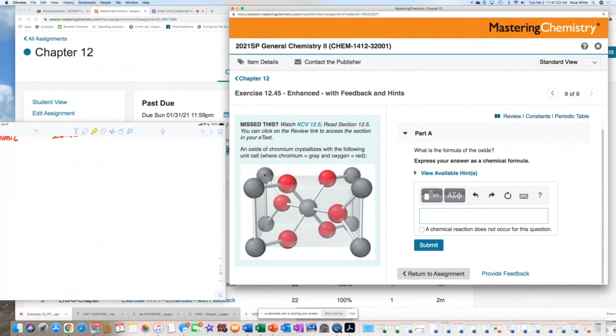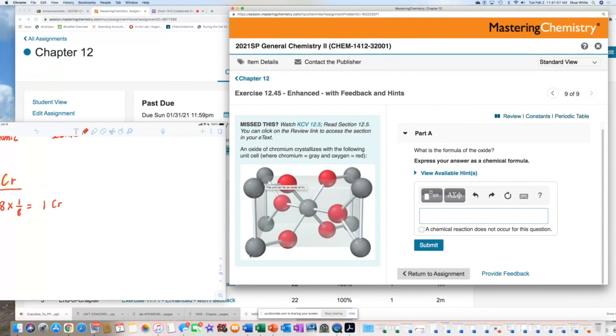So you have one, two, three, four, five, six, seven, eight chromiums, right? For the chromiums, I see eight of the corner pieces, right? So 8 times 1/8 equals one chromium. I just write it as Cr, okay? And then that takes care of the corner chromiums.